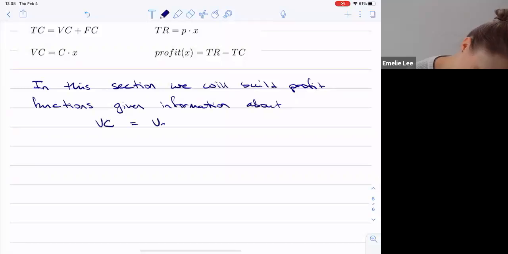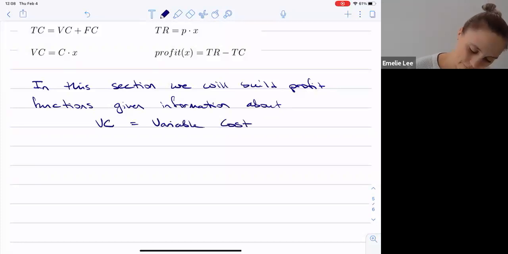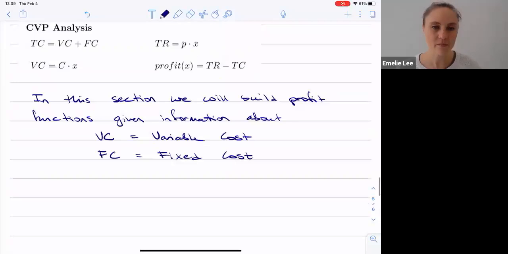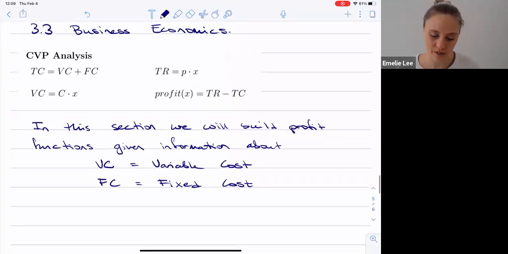VC is the variable costs. FC is the fixed cost. I'm going to go through and define each of these variables here, and then we'll be able to do some examples.